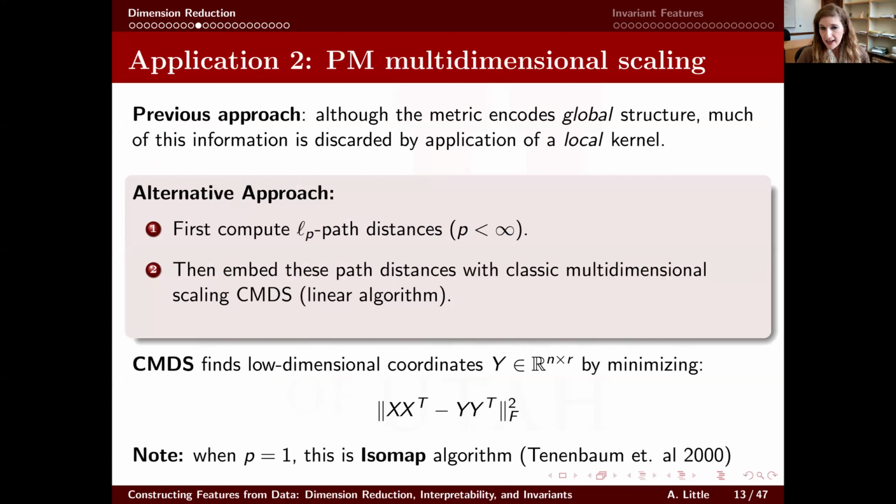Okay, so that's one kind of cool thing that you can do with those distances. Another application, well, maybe a criticism might be that you worked hard to compute all of your pairwise path distances, and they encoded a lot of information about the global structure of your data. But then you fed them into a local kernel, maybe if you used an exponential kernel in the construction of your graph Laplacian.